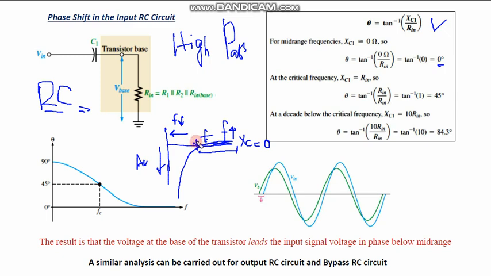At the critical frequency, the condition is that XC is equal to R. Put the value in, take the tan inverse, and this is 45 degrees. Then at a decade below the critical frequency, at 0.1 FC, XC becomes equal to 10 R, so the reactance becomes very high.